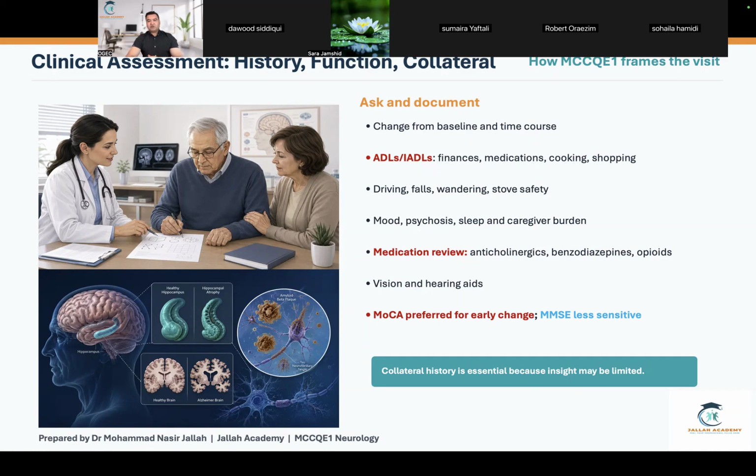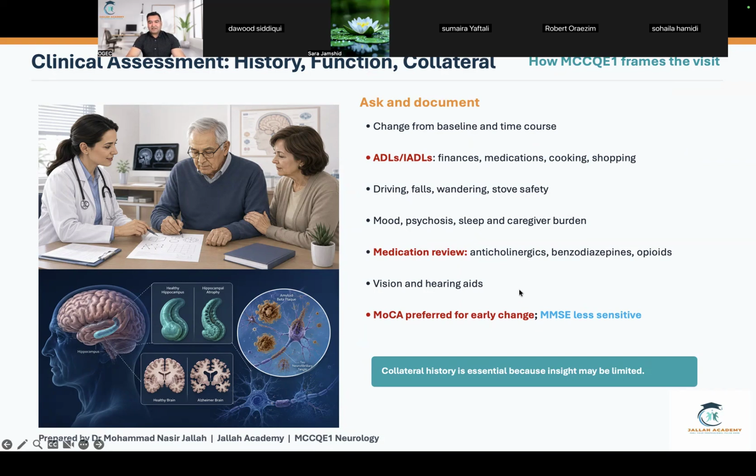Whether it is mild or moderate, this is very important. That's why I made it red and bold. Driving, falls, wandering, stove safety, mood, psychosis, sleep, and caregiver burden. Medication is a very, very important part that you cannot miss out on.